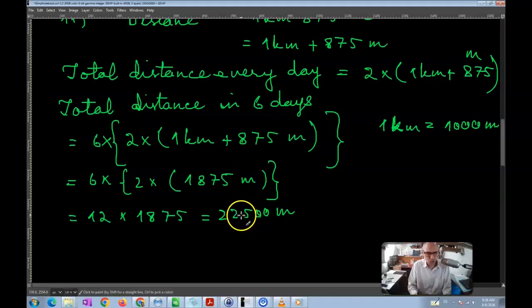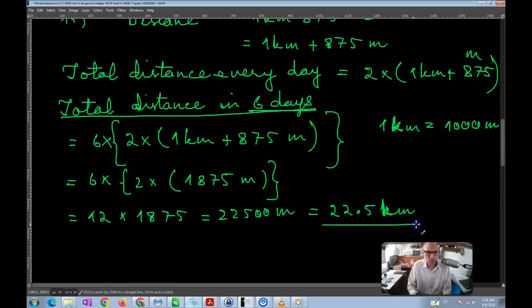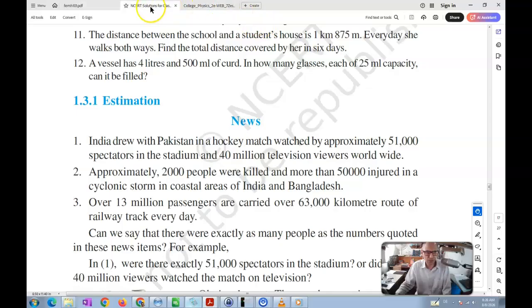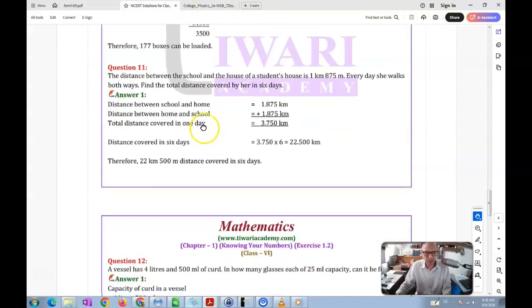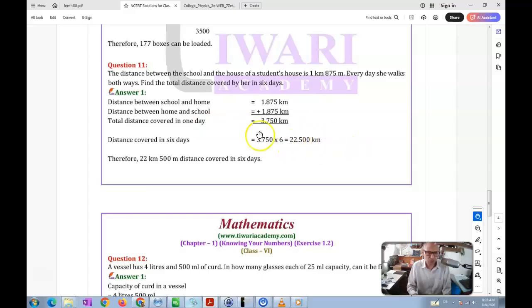So 22,500 meters, if I divide this by 1000, I will get 22.5 kilometers. That means that's the total distance covered in 6 days, 22.5 kilometers. Or you can say 22 kilometers 500 meters. That's also the right thing to say.